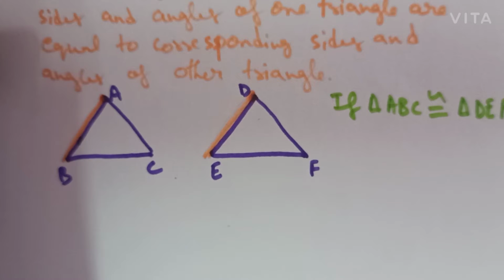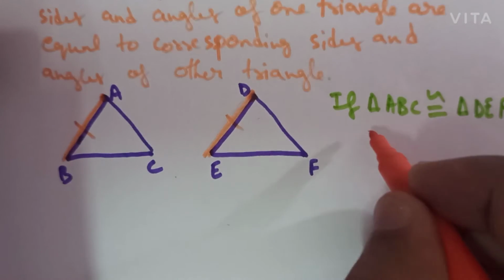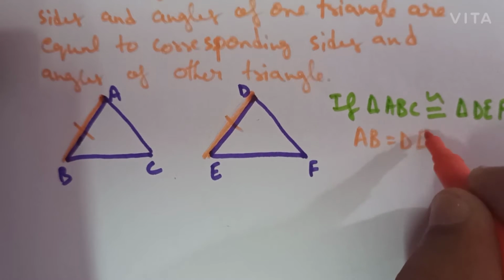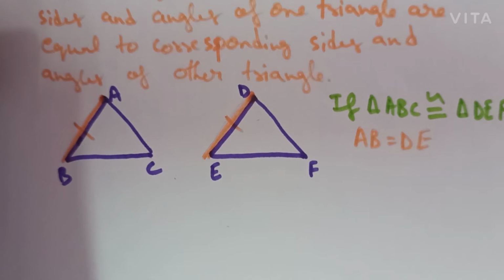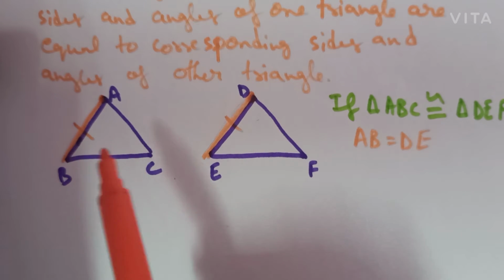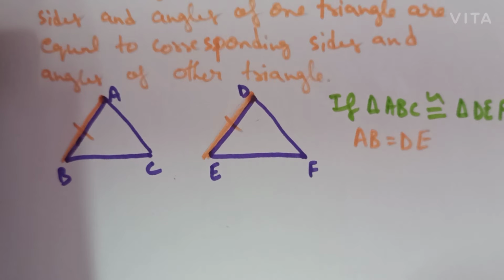So side AB will be equal to side DE. It means the side AB of triangle ABC will be equal to the corresponding side DE of triangle DEF.